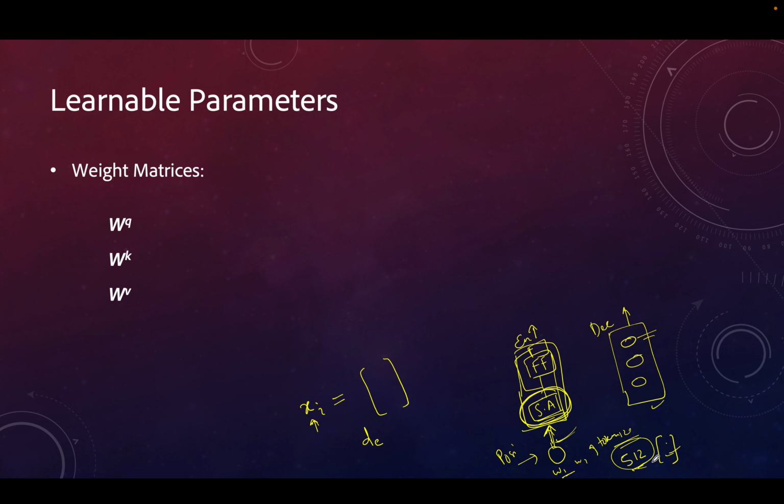In this example we saw 512, so it will be 512 values. Once you multiply xi with these weight matrices, you get what we call query, key and value.